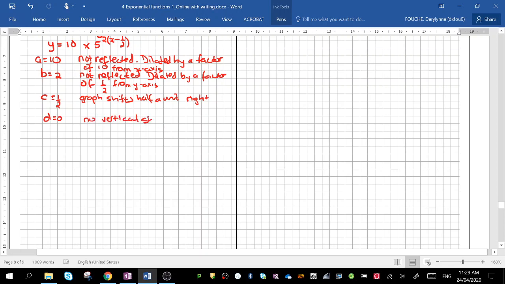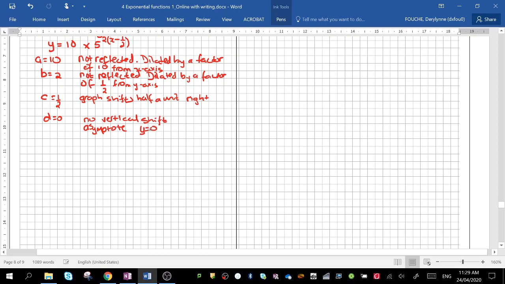There is no vertical shift. But what is important here is where we need to acknowledge where our horizontal asymptote is. So you need to write in our asymptote is going to be y equals 0.